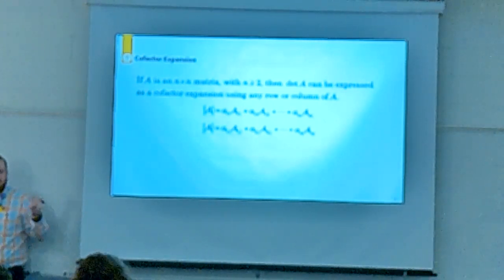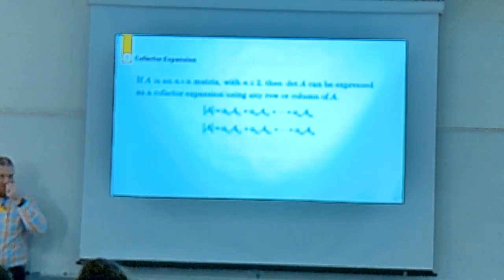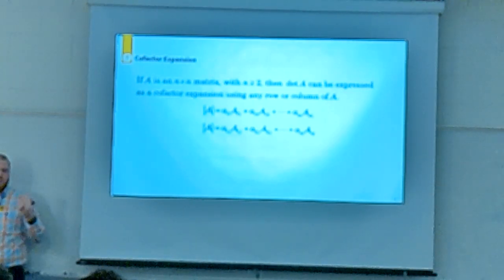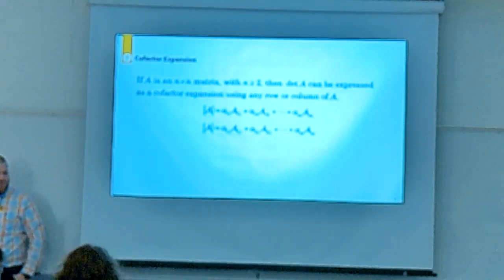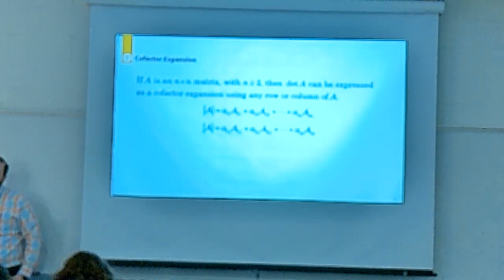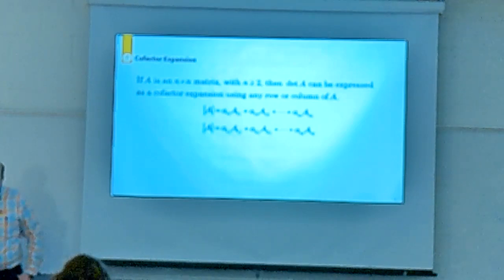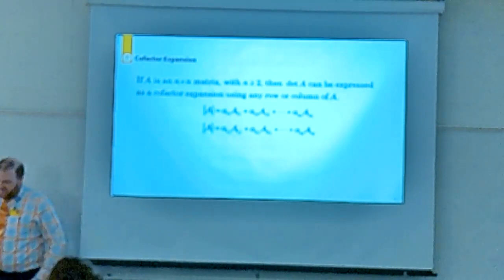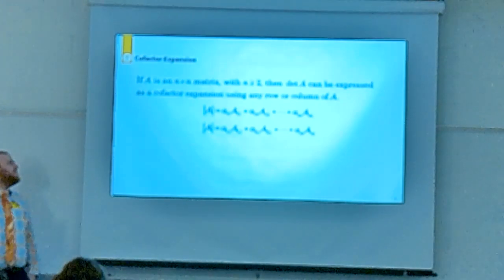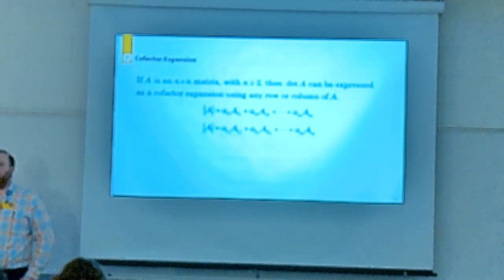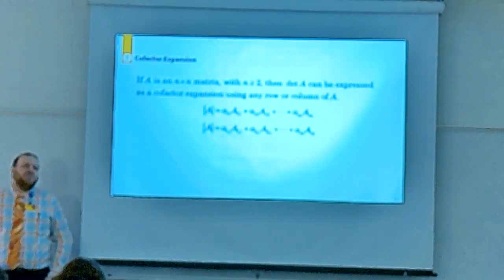So if you have 5 by 5, you're essentially breaking it down into a sum of 4 by 4 matrices. And this is the method that is used when you do the cross products in physics or Calc 3.